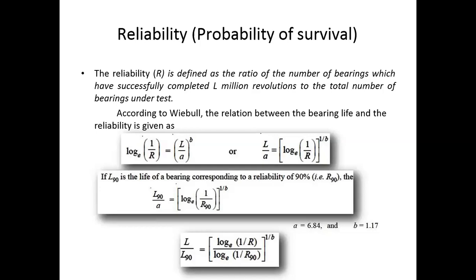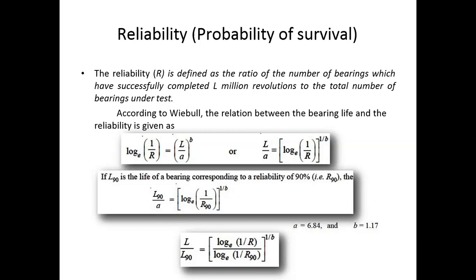According to Weibull, the relation between the bearing life and the reliability is given as log 1 upon R base e equal to (L upon A) raised to B. Or you can say L upon A is equal to (log 1 upon R base e) raised to 1 upon B. If L90 is the life of the bearing corresponding to a reliability of 90%, the equation can be written as L90 upon A is equal to (log 1 upon R90 base e) raised to 1 upon B.